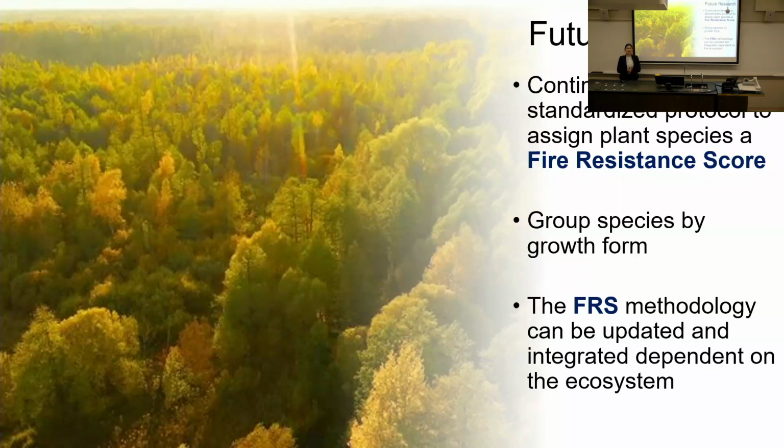So I obviously do mine at a large spatial scale, but it would be interesting as a management tactic to go in and do this on a more community scale level and go into a community and be able to see the fire resistant traits that species possess, be able to see what that overall community would look like in fires to come through.